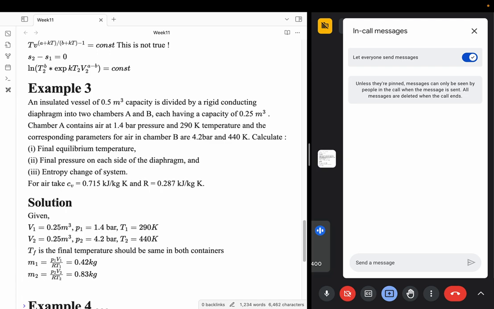Okay. So you have M1 and M2 and they're different. So what will be your final temperature? Now you know their difference. You just take the weighted average, right?